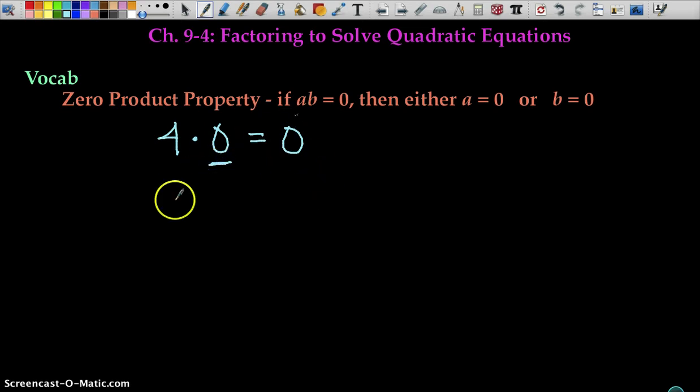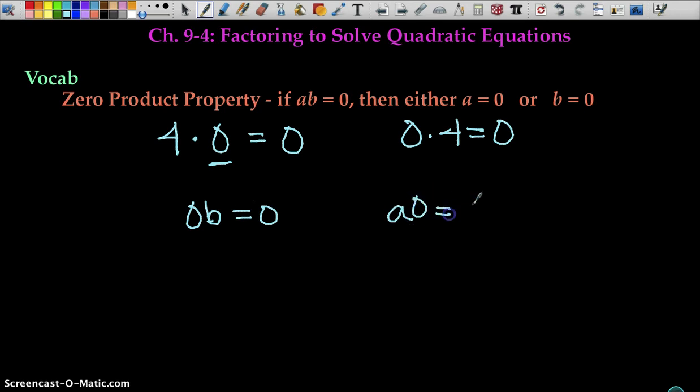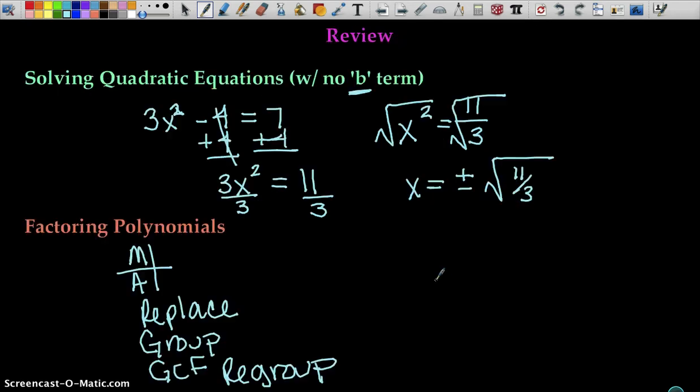It doesn't matter which one as long as one of them is. If I flipped it and made it 0 times 4, I'm still getting 0. So if it was 0 times b, that would be 0, or if it was a times 0, that would be 0. So we have several options on how to get 0.